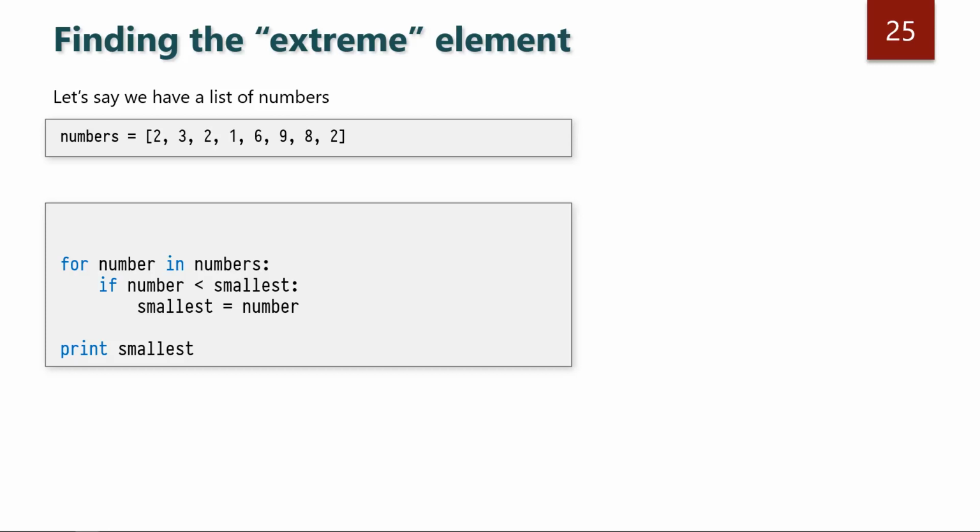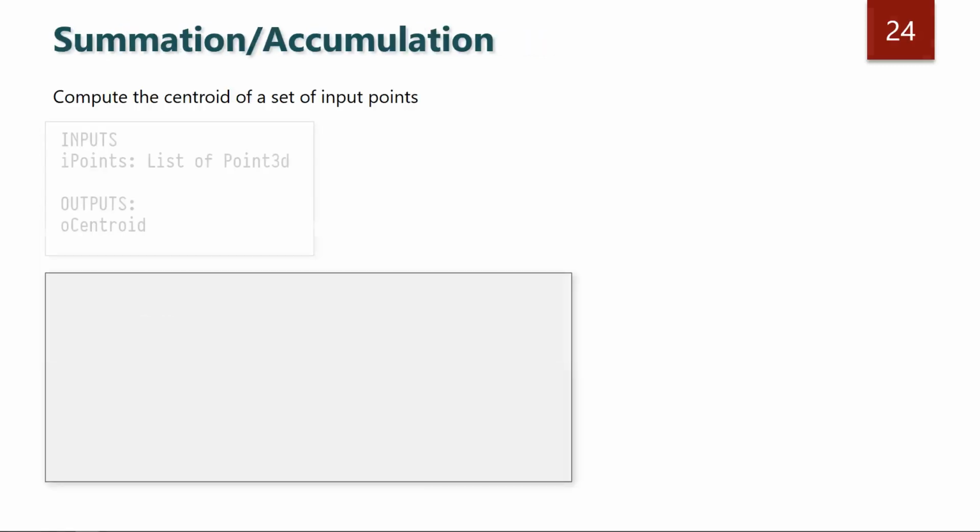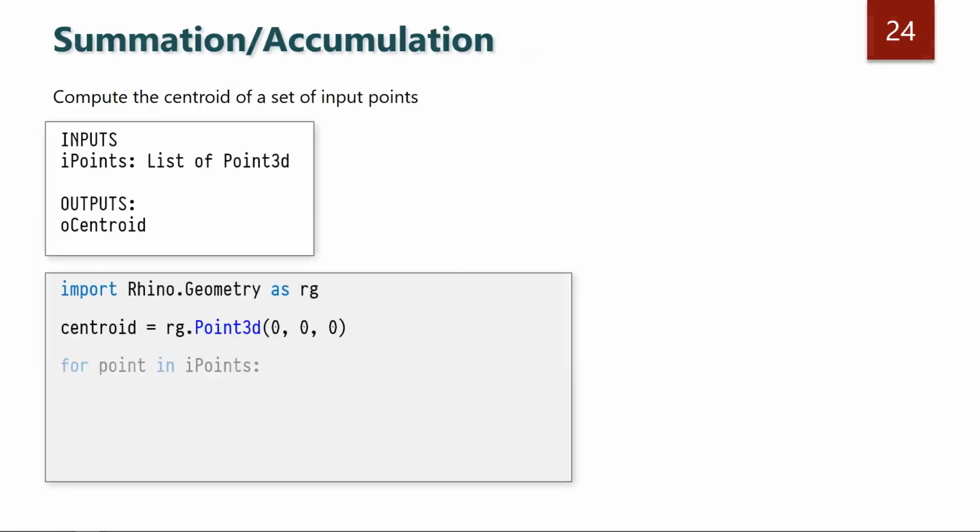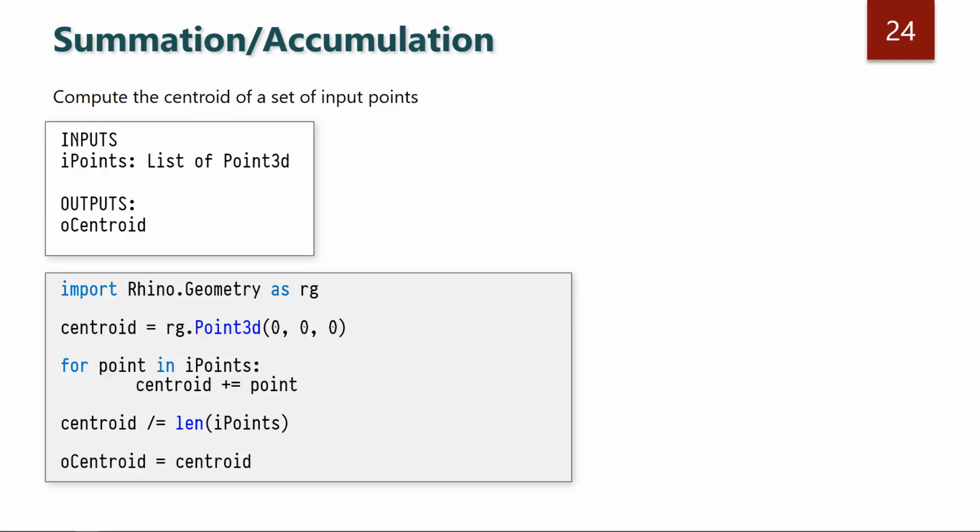So I know that many of you who use Grasshopper, when I give you a list of numbers and you have to find the largest or the smallest number in that list, what you normally do is sort that list, and after the list is sorted, you retrieve the first element or the last element, right?